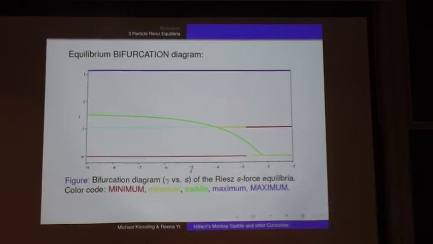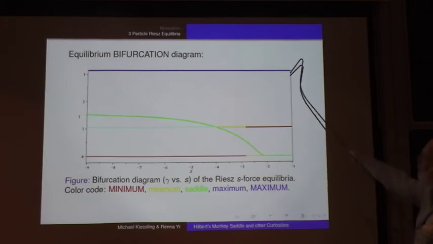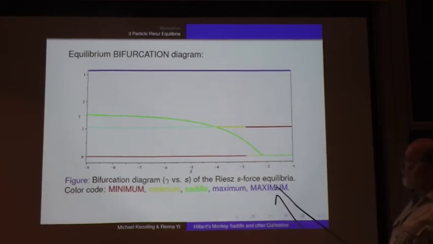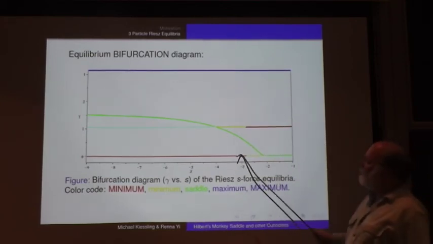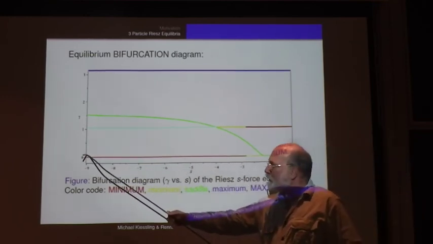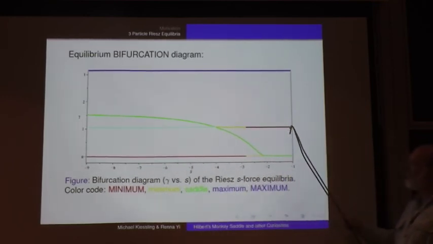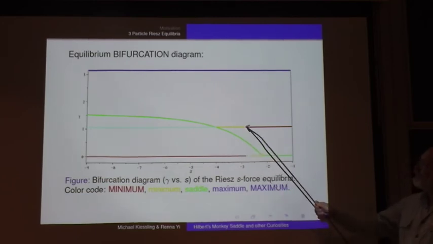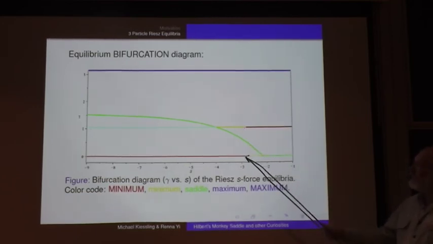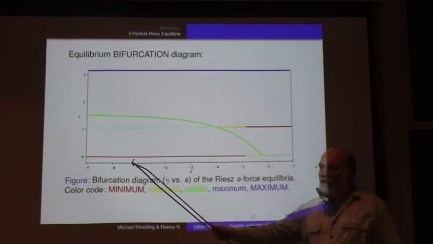The color code didn't come out exactly right here, so in the paper it's slightly better. The colors here are okay, but this here should be light blue and dark blue. So this is the absolute minimum in terms of the Riesz energy here also. And here's the phase transition between the equilateral configuration and the collapsed configuration, which is antipodal.